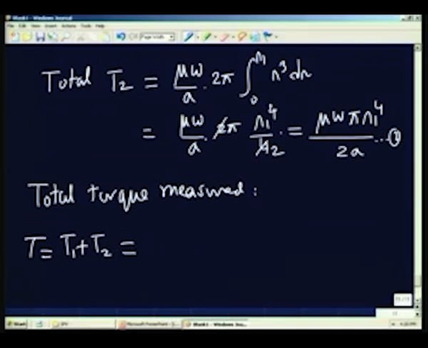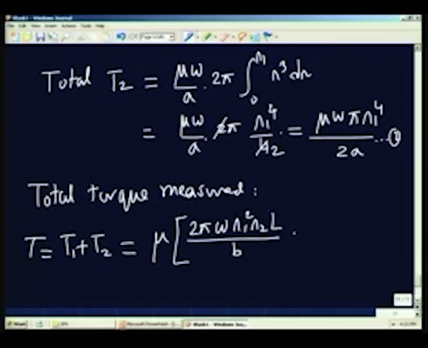So it will be mu multiplied by 2 pi omega r1 squared r2 L divided by b plus omega pi r1 to the power of 4 divided by 2a. We can call it expression 3.